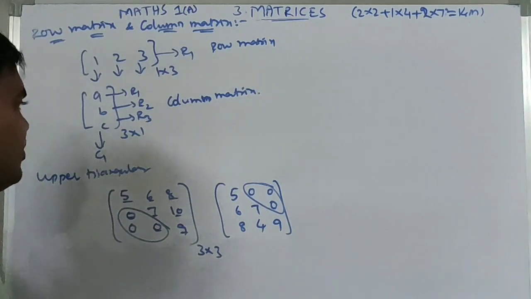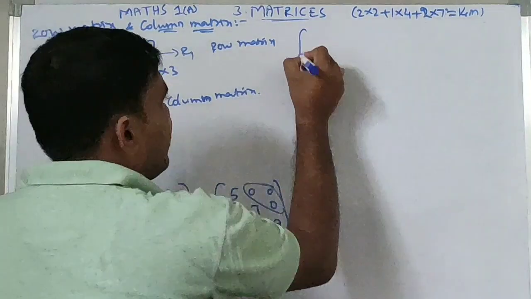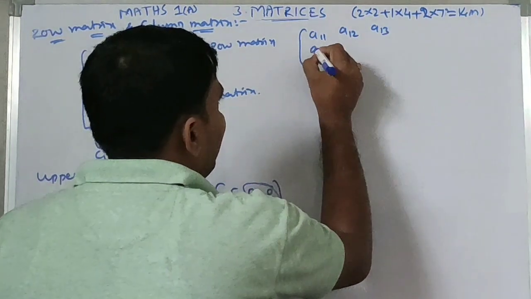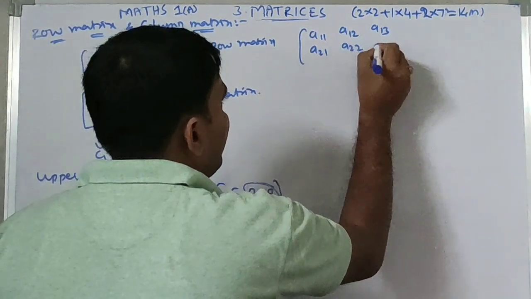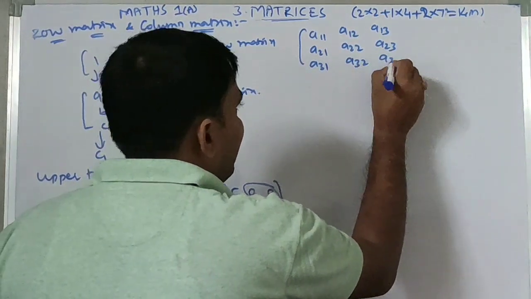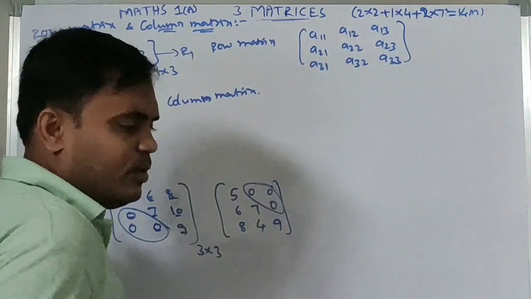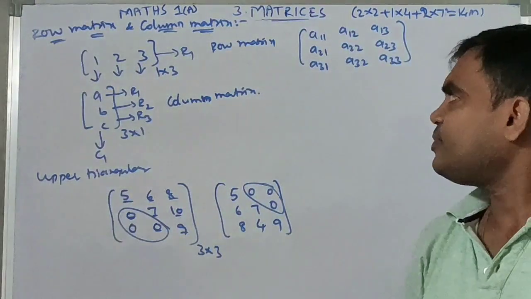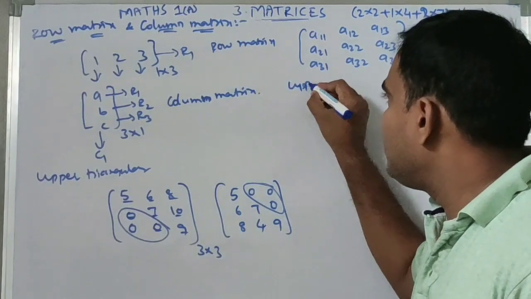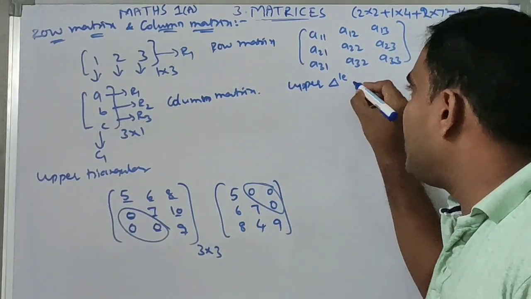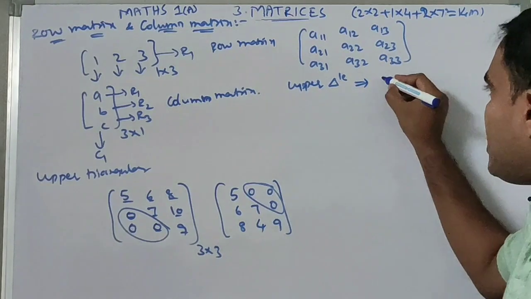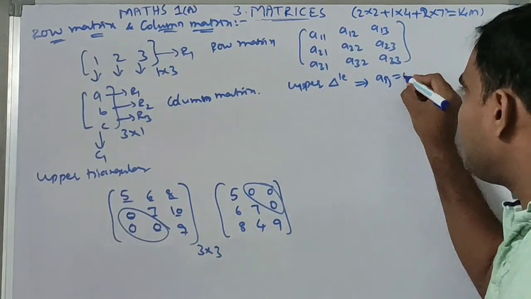Now the condition. I am taking a11, a12, a13, a21, a22, a23, a31, a32, a33. From this I want to deduce the condition. First, the upper triangular condition: a_ij equal to 0.